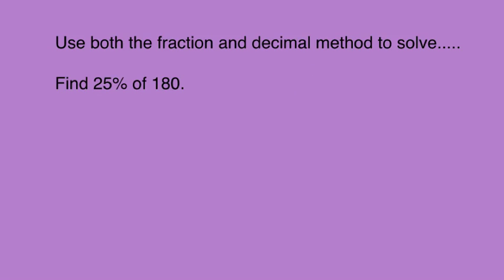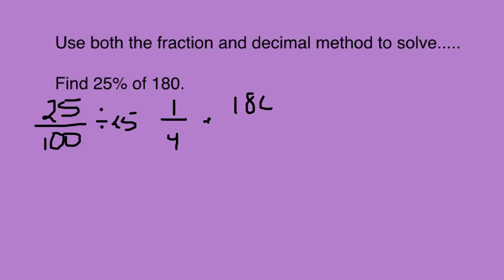So now let's use both methods to find the answer. Find 25% of 180. Let's write 25% as a fraction, which is 25 over 100. I know I can reduce that. So I'm going to divide both numbers by 25, and I'm going to get 1 over 4 times 180 over 1.